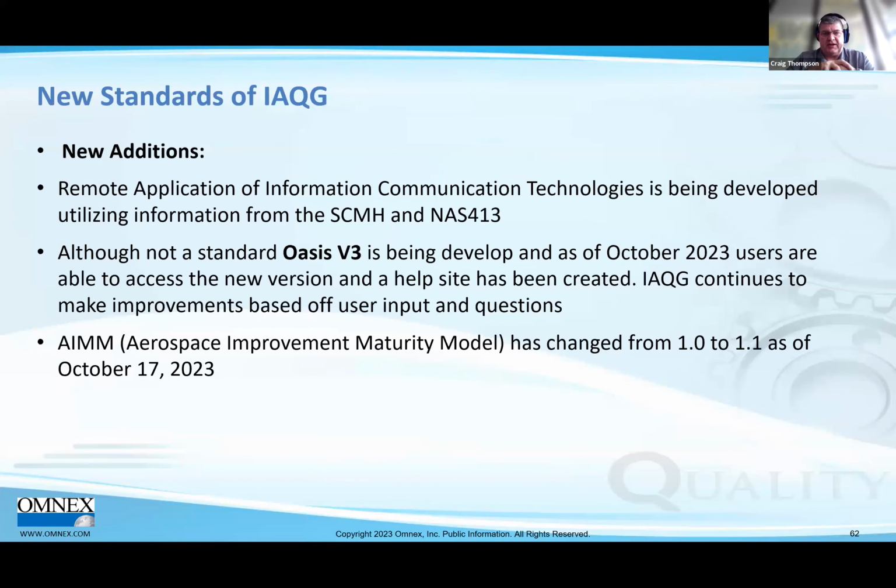So we are developing a comprehensive checklist that takes all that information and rolls it up into one checklist. It'll make it easier for organizations to use, whether you do your assessments on a tablet or you want to print it off or you do it on a laptop, just to make it a little bit easier functionality wise. But we're also going to develop a training class that should be out hopefully right after the first of the year on how to do these assessments, to get organizations more involved.